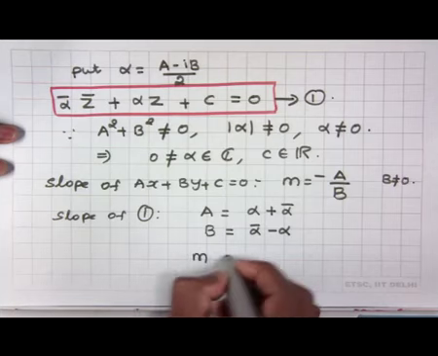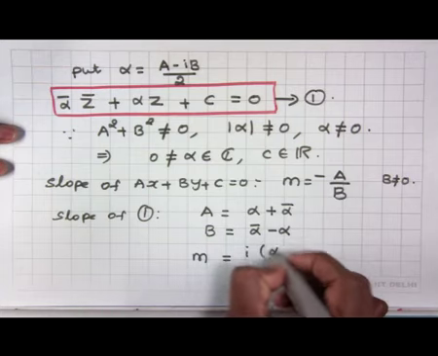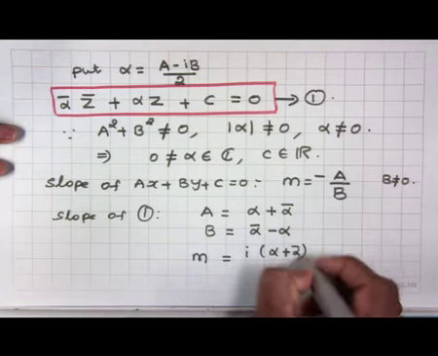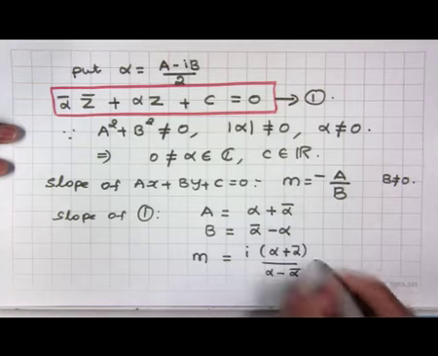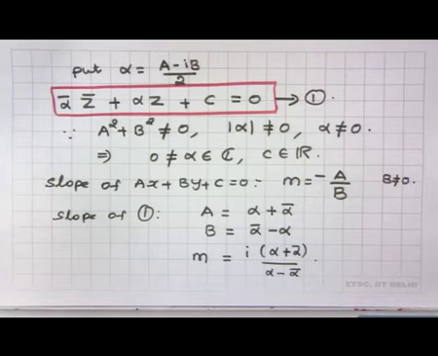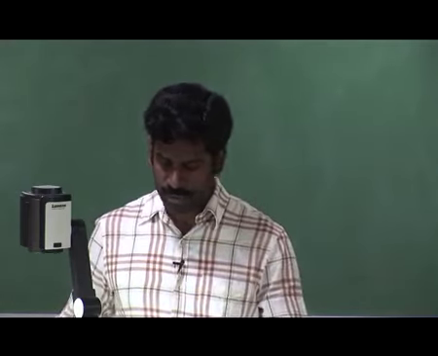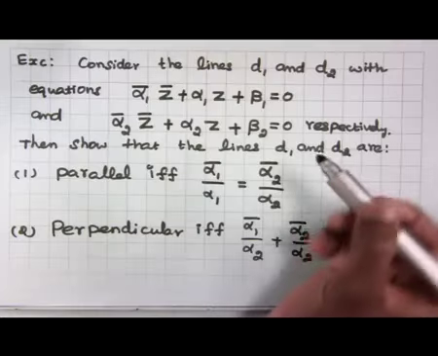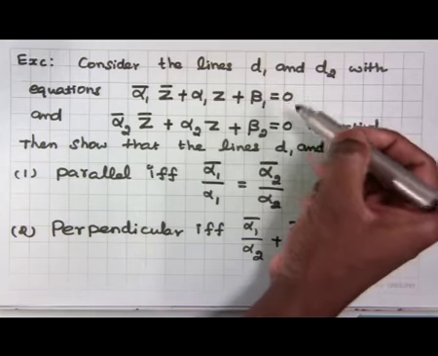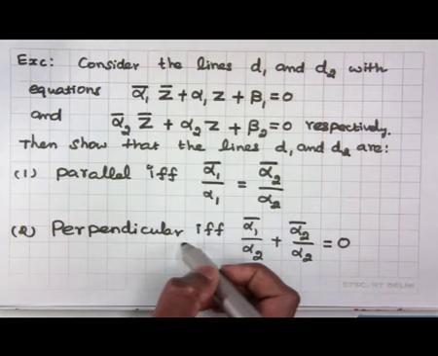From this we could see that the slope m is given by i times (alpha + alpha bar) divided by (alpha − alpha bar). So, from this standard equation one can easily derive properties of straight lines, like when two straight lines will be parallel, as well as study perpendicular lines.